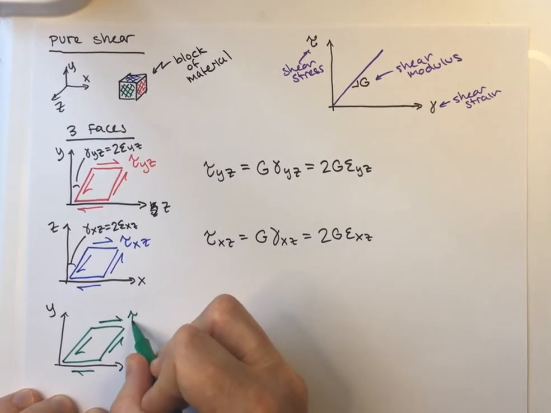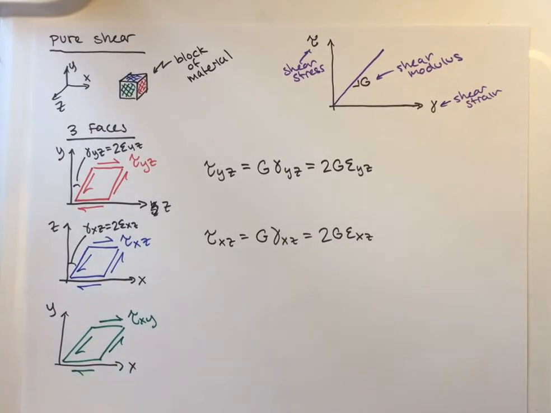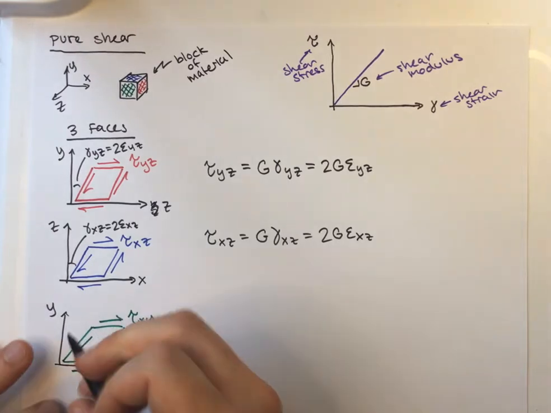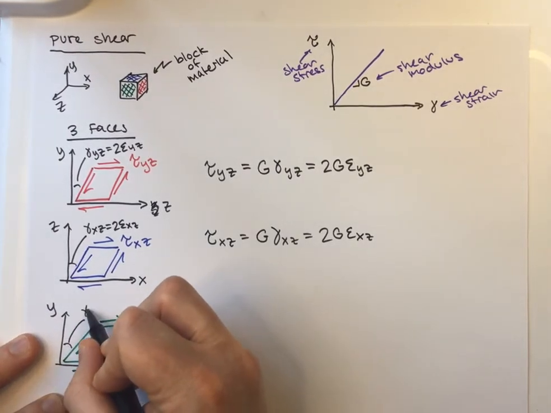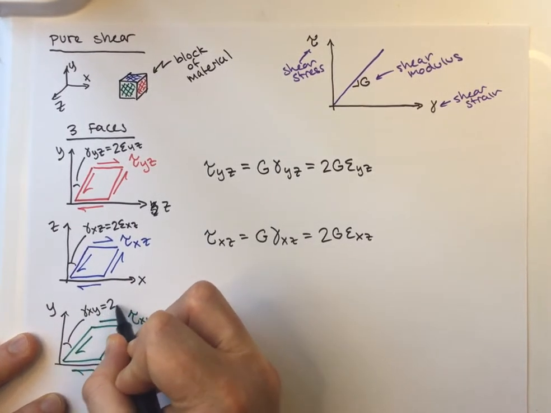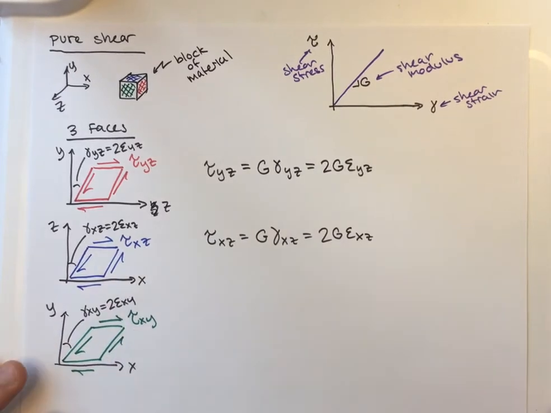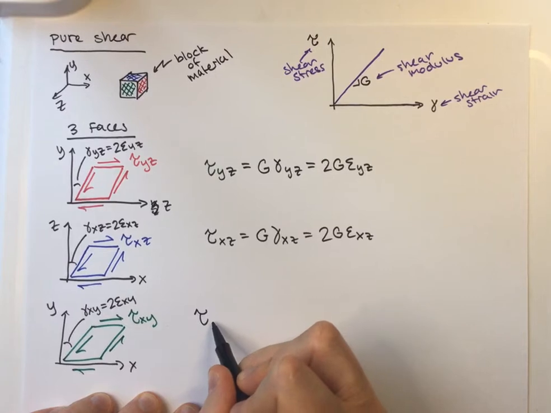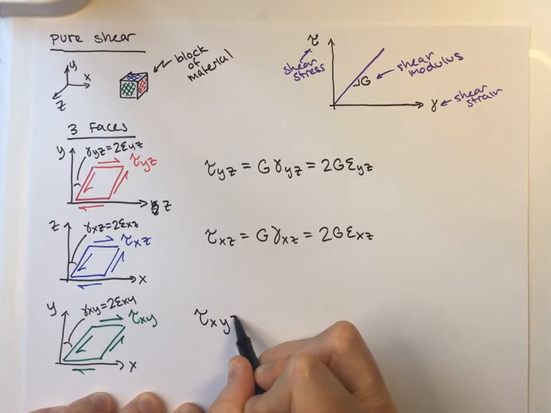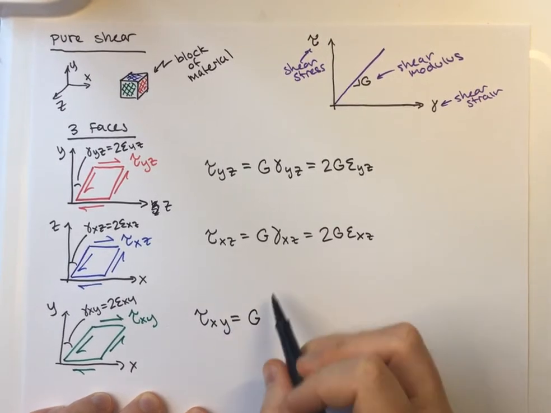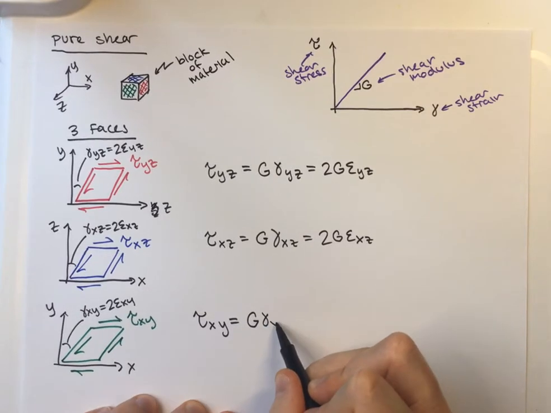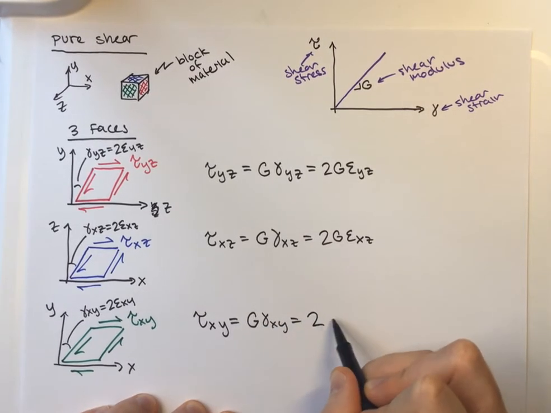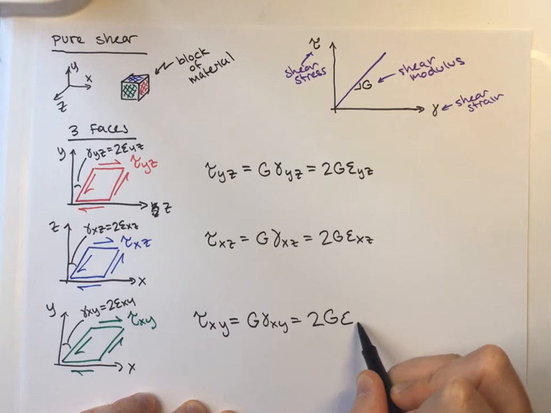We're going to have tau XY, and gamma XY, which is equal to twice epsilon XY. And our shear stress XY is going to be equal to the shear modulus times the shear strain XY, which is going to be twice G epsilon XY.